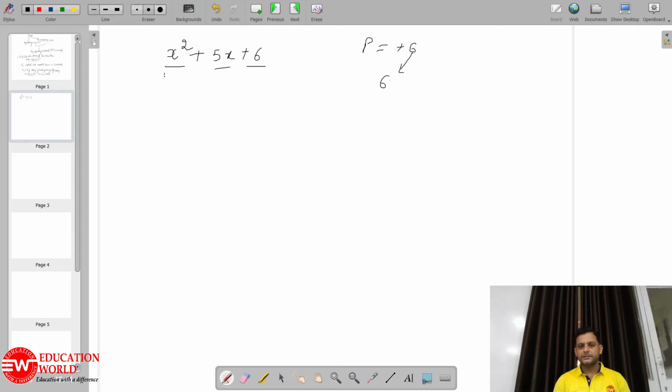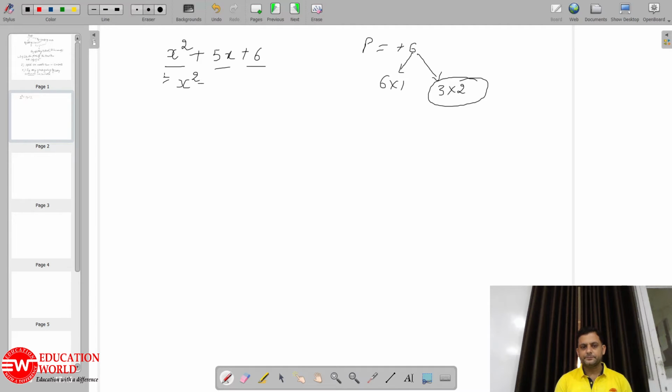I can split 6 into 6 and 1, and also 3 and 2. Am I right? But which is applicable here? 3 and 2 is applicable here, the reason being when you add them you get 5. So this suits our given polynomial.